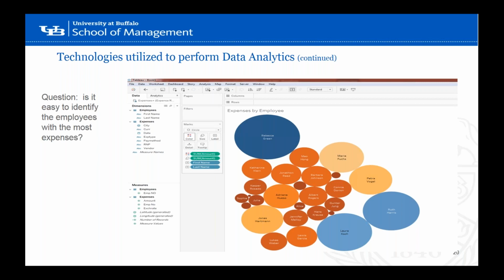So taking that data set, I just pulled it into Tableau and did a really quick analysis. It's actually the same thing, the total based off of employee. This is one of the options of chart type, where you can see who has the most spend for total expenses per employee. So it's easier to visually identify which employee has the most expenses.